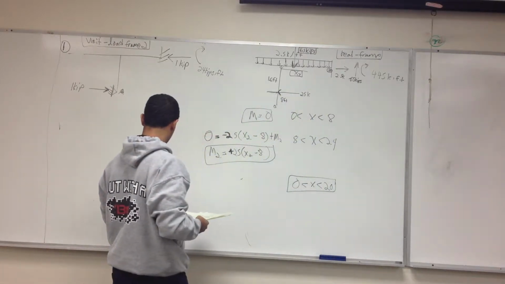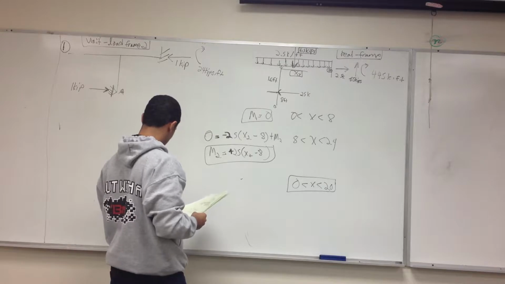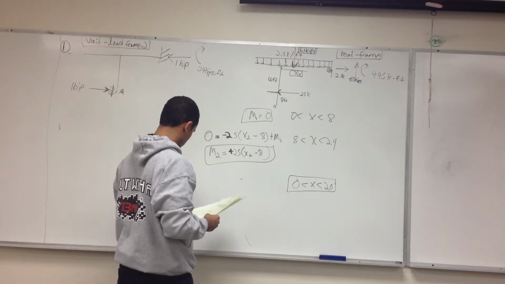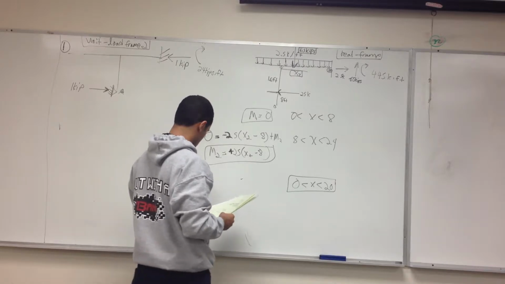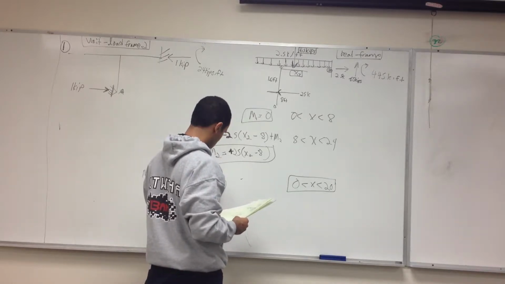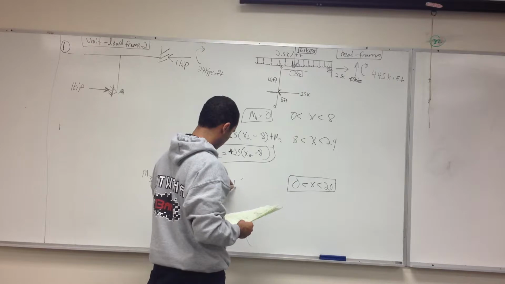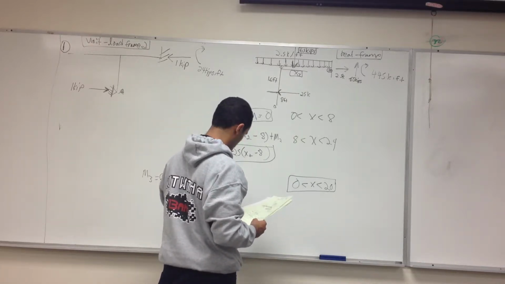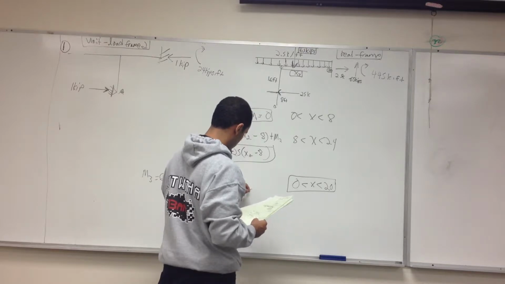So we have that m3 is equal to 65 times x3 minus 445 minus 2.5 times x3 times a half times x3, equal to 0.